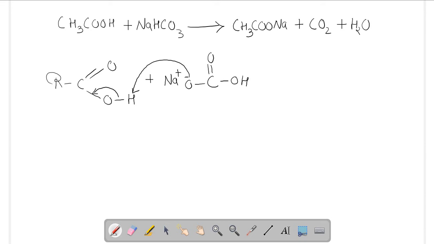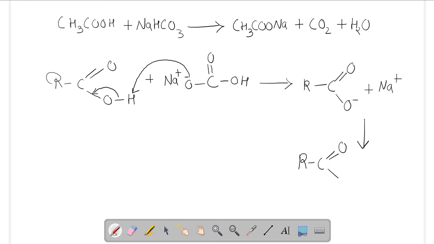Okay, and due to this reason, the formation of C double bond O minus takes place, and here due to the breaking of this bond, Na plus which is present out here will get attached to this oxygen atom which is now formed out here, and the formation of ONa will take place.